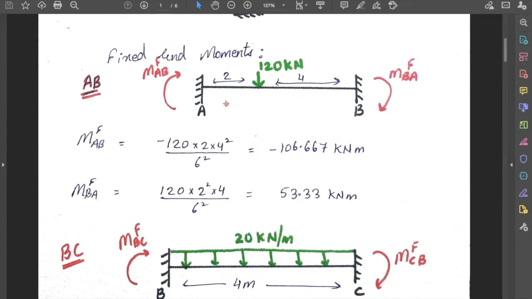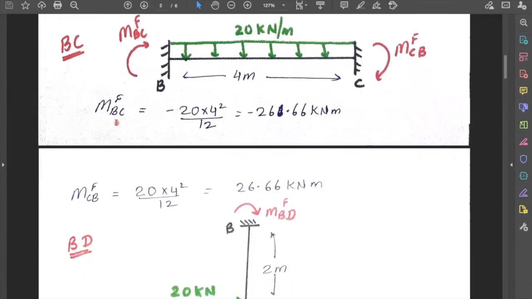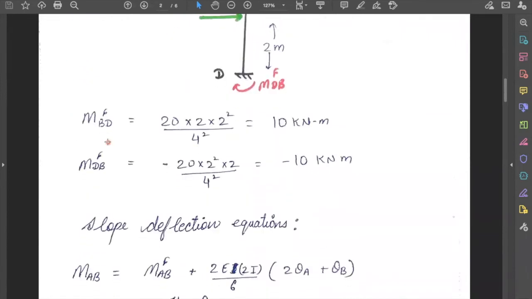Multiply by the distance from A square, so 2 square, divided by the length square. Similarly, we can get the fixed end moments of all the spans of the frame. So here I have got the fixed end moments of the members BC and BD.